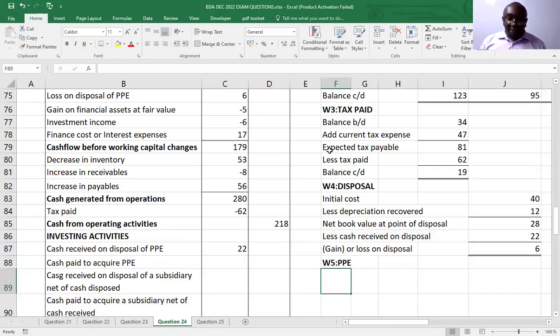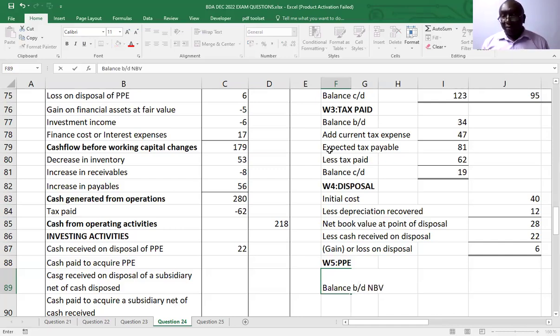Now, as I've said, we will bring the opening balance brought down, net book value.